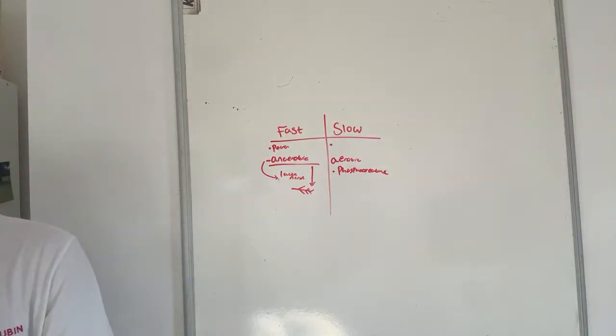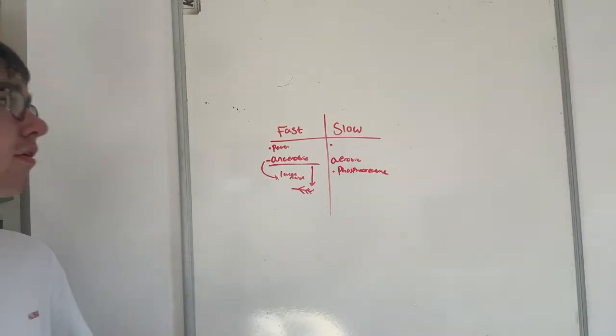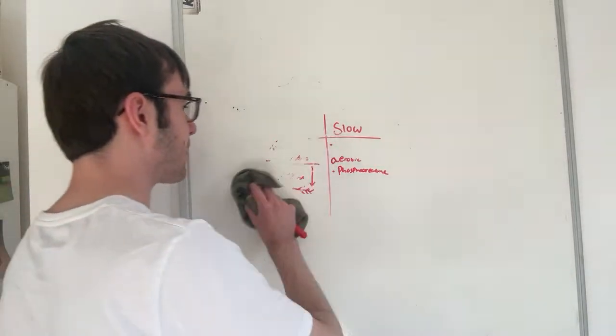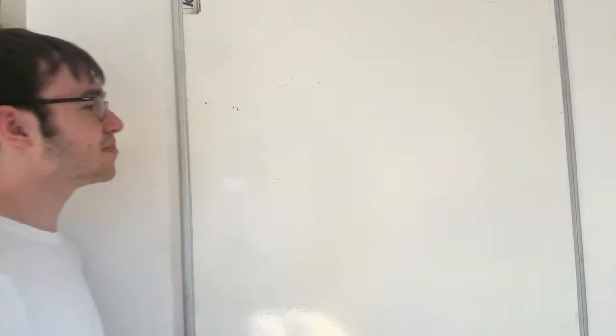I'm struggling to remember what else is on the muscle contraction topic. I know there's that whole thing of the Z-band and the A-band and stuff like that. I can't wrap my head around that at all. I will be completely honest, I've never been able to wrap my head around that.